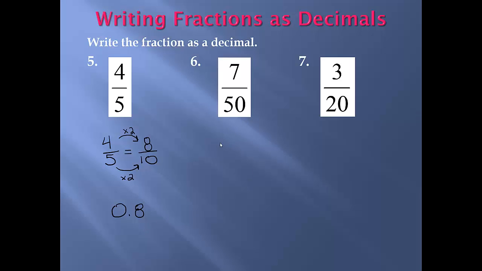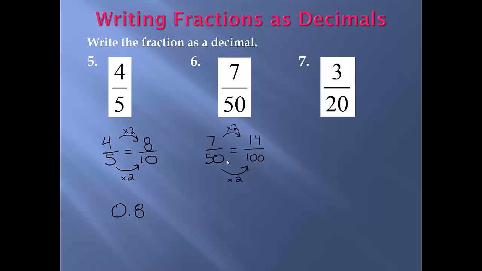Now for number 6, we're starting with 7/50. We can convert this 50 to 100 because we can multiply it by 2. 50 times 2 equals 100. Since we're multiplying the denominator by 2, we also need to multiply the numerator by 2. 7 times 2 is 14.